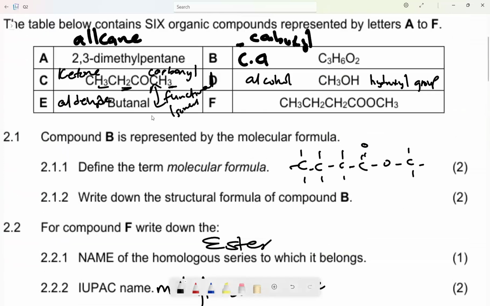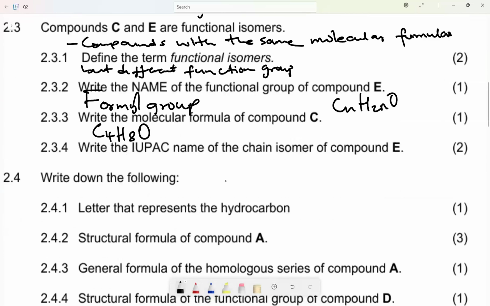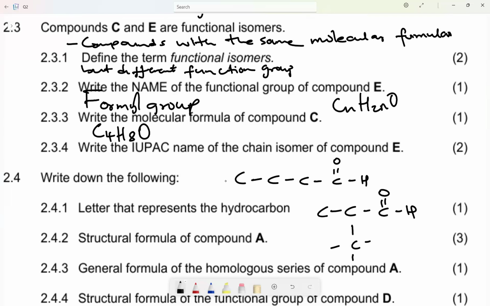Write down the IUPAC name of the chain isomer of E. E is butanol, it is like this. So the chain isomer of this one needs to have three carbons, then one of them should be a branch. The chain isomer of this one will have a branch on carbon number 2.